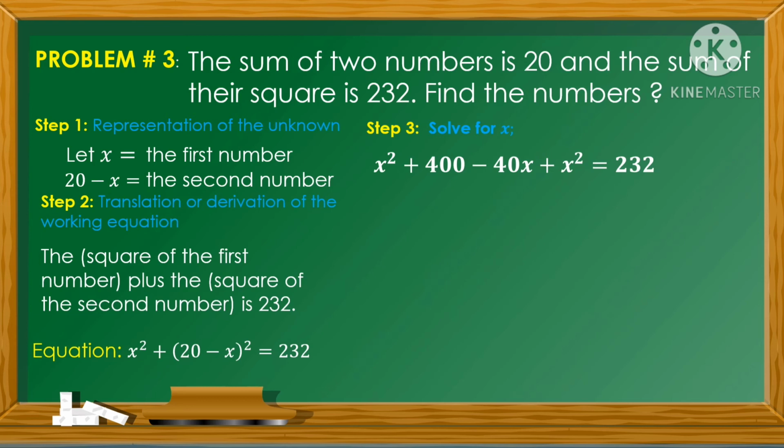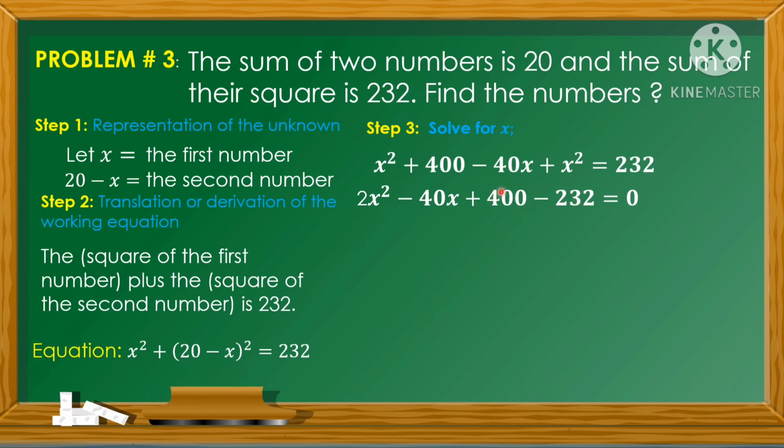Then, after that, you have to simplify the equation. We transpose 232 to the left side, and it will become negative, and this x squared and another x squared will be combined, so you have 2x squared. So we have now 2x squared minus 40x plus 400 minus 232.